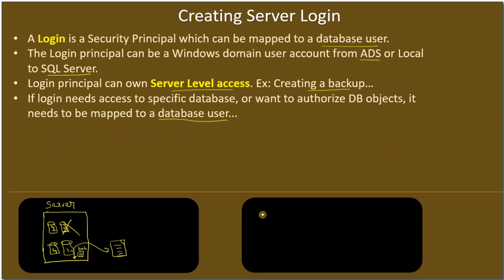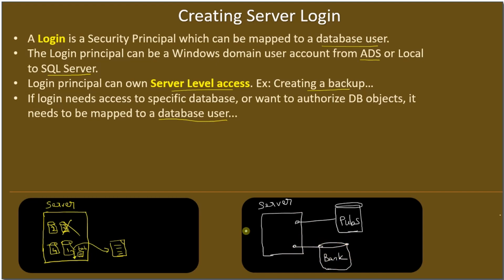Say for example, you have a server, and let's assume that the server contains a DB, and let's name this as pubs DB, and there can be other DBs as well. A login provides access to enter inside the server.